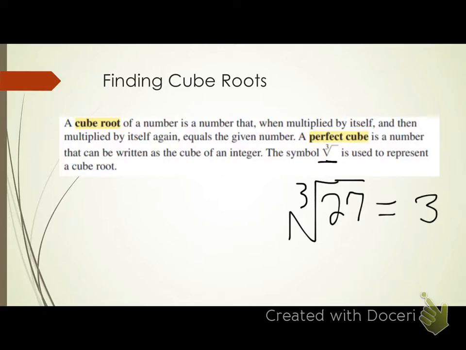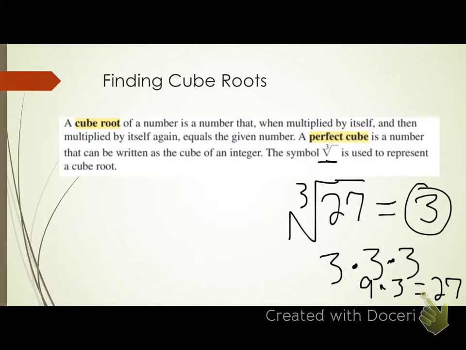That number is 3. 3 times itself twice. 3 times 3 is 9. 9 times 3 is 27. So the cube root of 27 is 3.